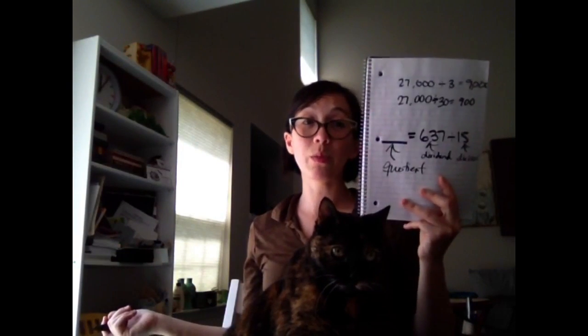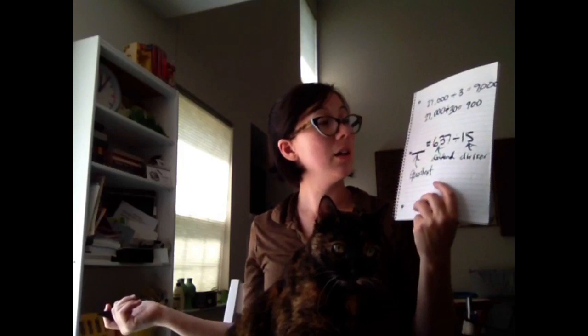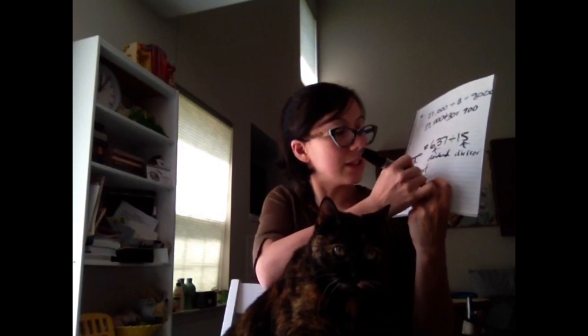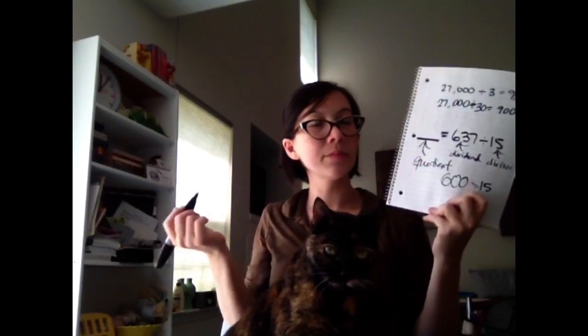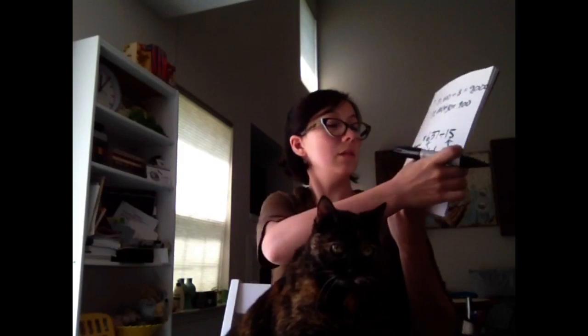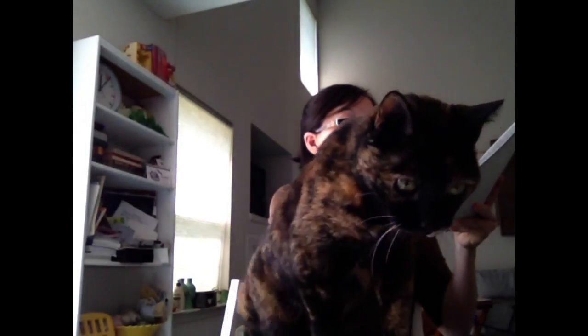Let's estimate this one before we start. I'm going to round that off to 600 divided by 15. I know that 15 times 2 is 30. So if I do 600 divided by 30, and then whatever I get, I can multiply it by 2, and that'll be what 600 divided by 15 is.